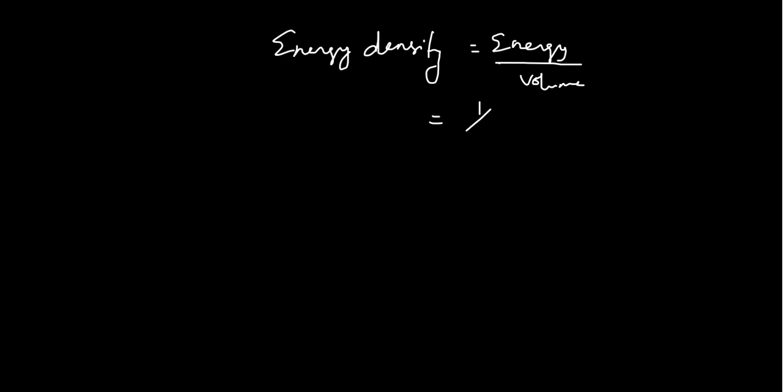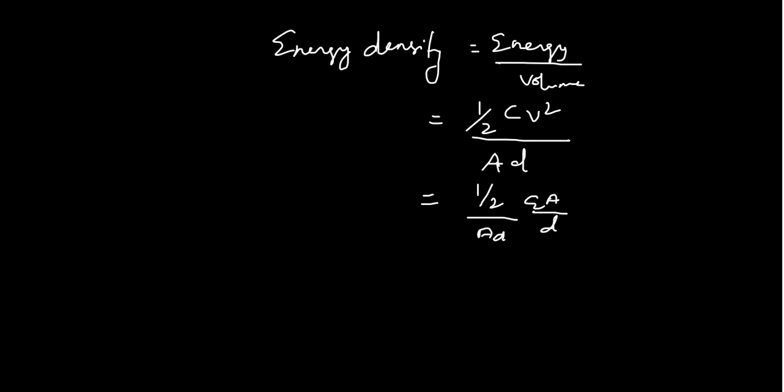Here you have half CV squared, that is the energy, and the volume is area into the distance between the two plates, A into D. C can be written as epsilon A by D, as we have seen in the previous derivation, into V squared. Here A and A get cancelled.